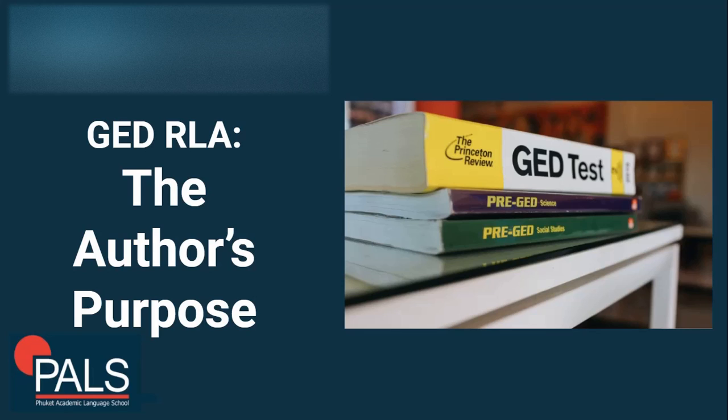So it will not ask you directly what the author's purpose is, but the GED RLA test will somehow provide you questions not in a very direct way. It aims to check how critical thinking is being utilized by the student.